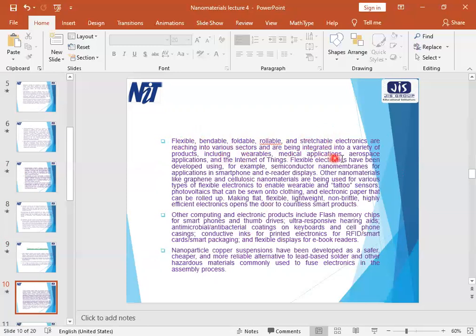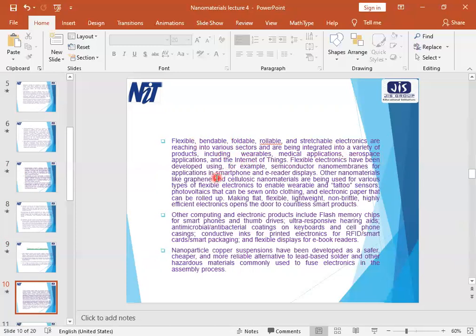In various sectors, if you want any electronics or electronic circuitry, then it can be made with the help of nanomaterials. If you want to wear that material related to some medical applications or in aerospace applications, I told you that the astronauts are always exposed to a high amount of radiation.